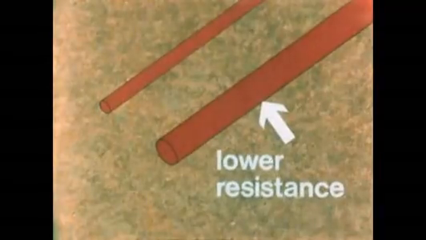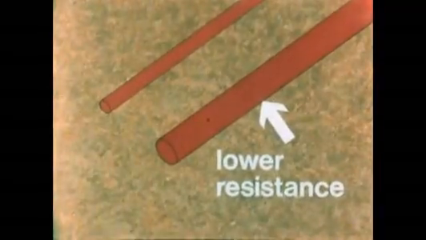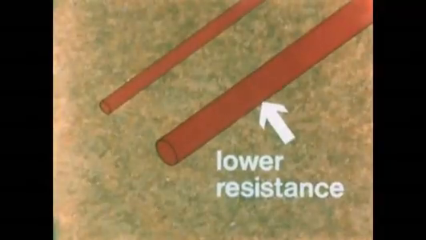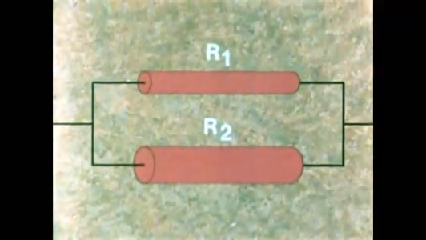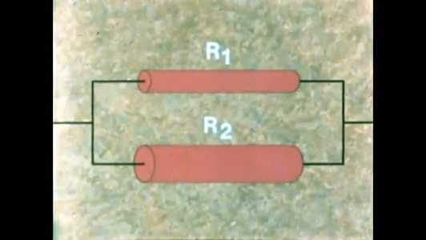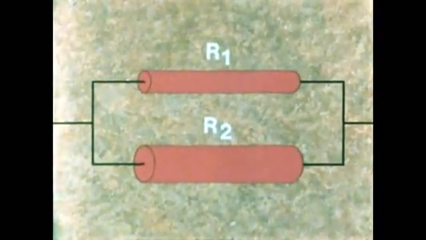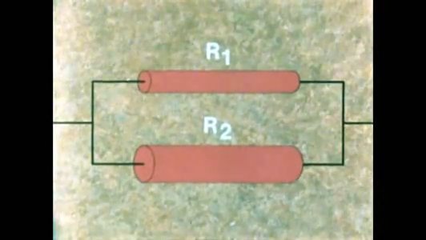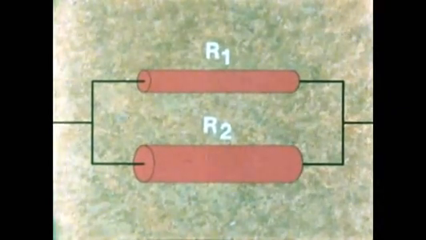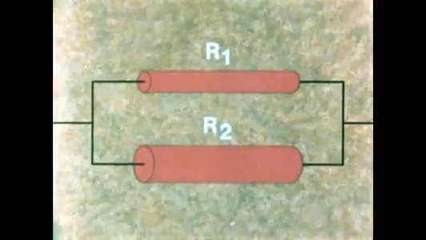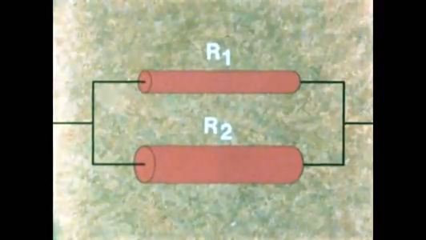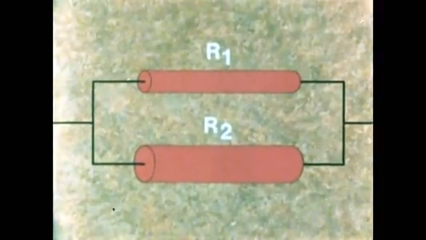Now we know that the greater the cross-sectional area, the lower the resistance. Connecting resistors in parallel is like increasing the cross-sectional area available. There is, as it were, more room for the electrons to get through. So the equivalent resistance RT of 2 resistors in parallel is less than either one alone.